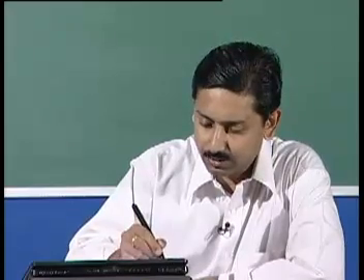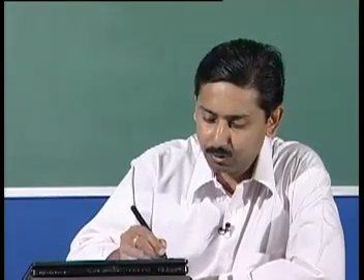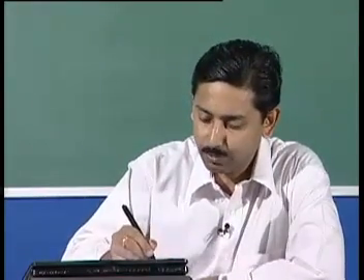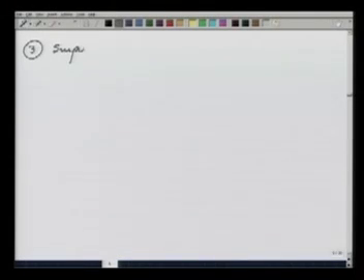Now the third case, I am not going to prove anything here, that suppose fxx fyy minus fxy² at a point (x₀, y₀) is less than 0.